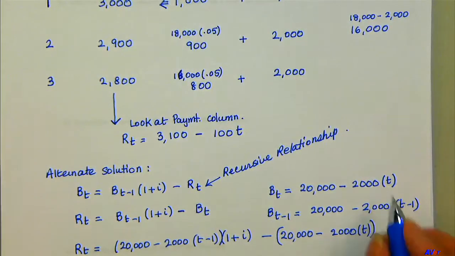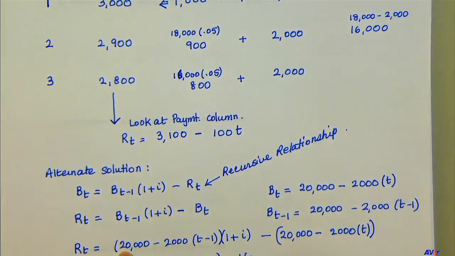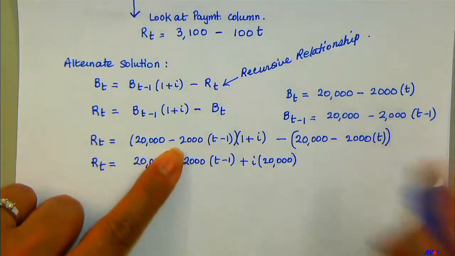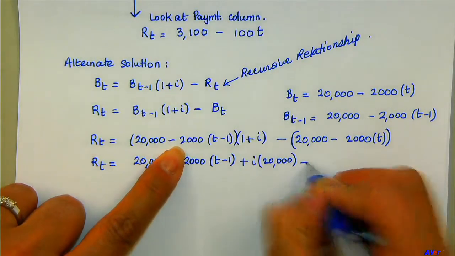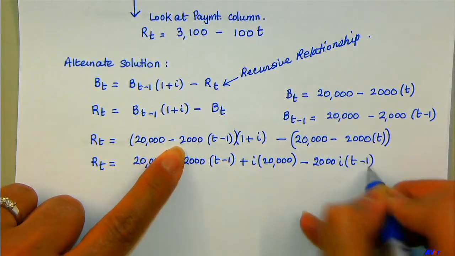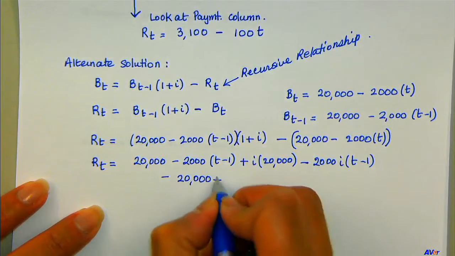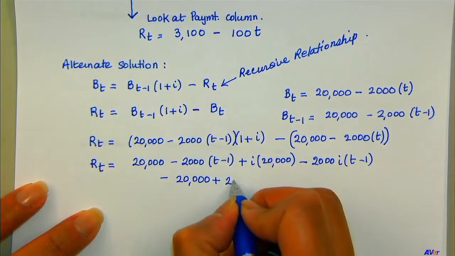And clean this up. So you get 20,000, multiplying everything by 1 plus i, minus 2,000 times t minus 1 times 1 plus i, so 20,000 plus 20,000 i, minus 2,000 i t minus 1, minus 20,000, plus 2,000 t.